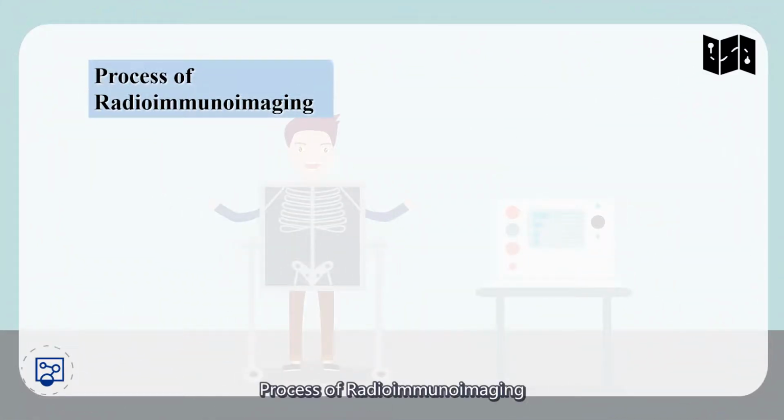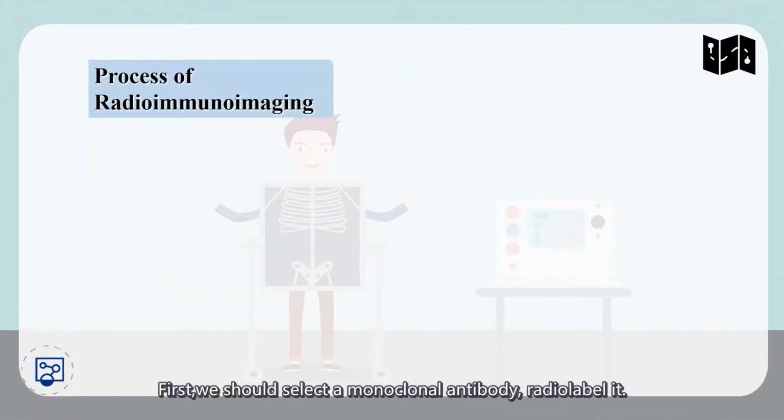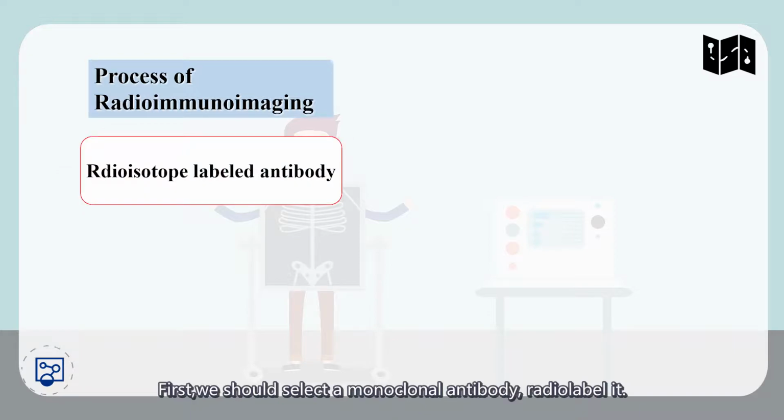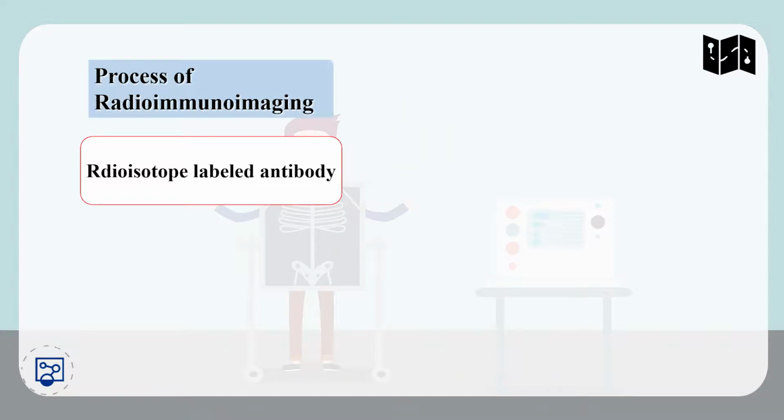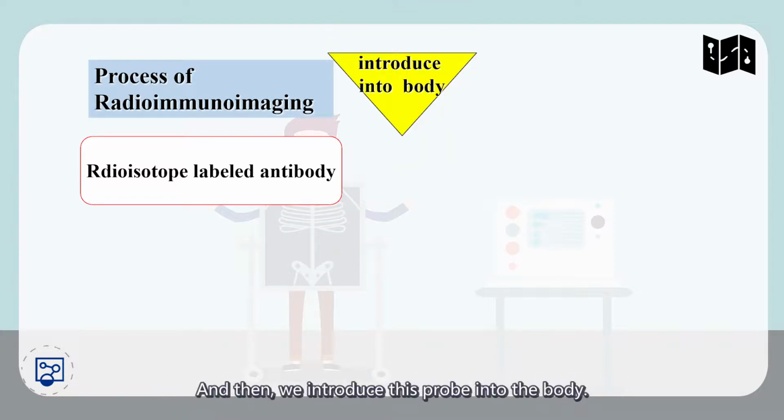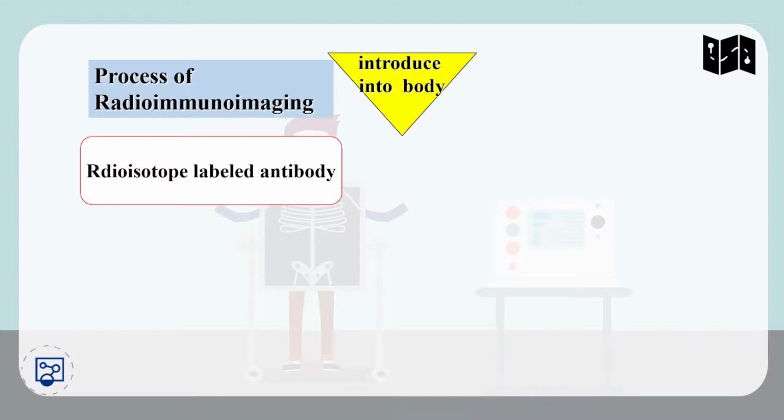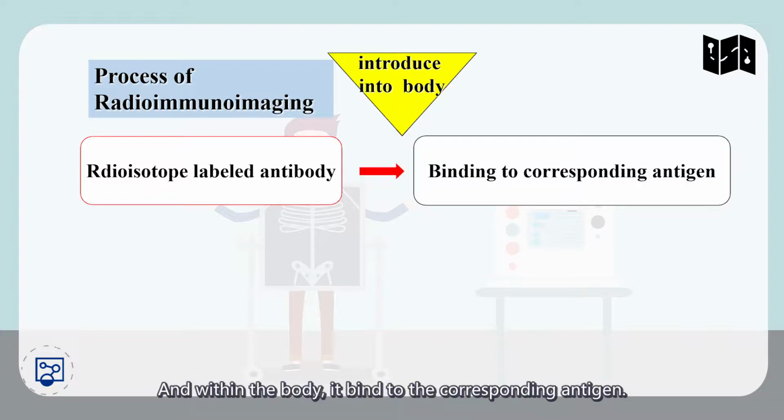The process of radioimaging. First, we should select a monoclonal antibody and radiolabel it. And then we introduce this probe into the body, and within the body, it binds to the corresponding antigen.